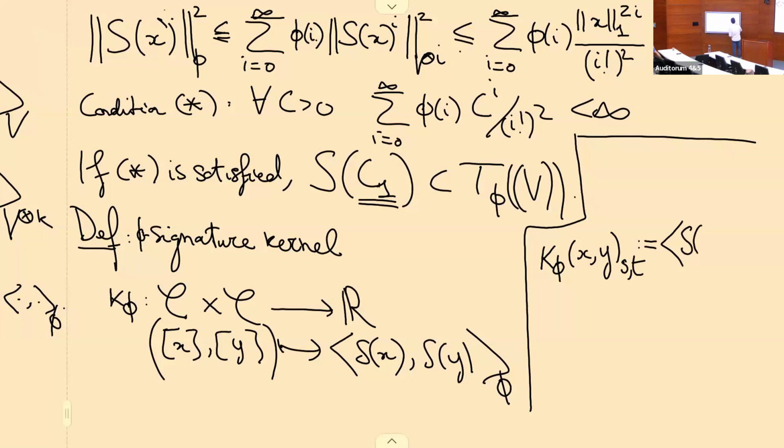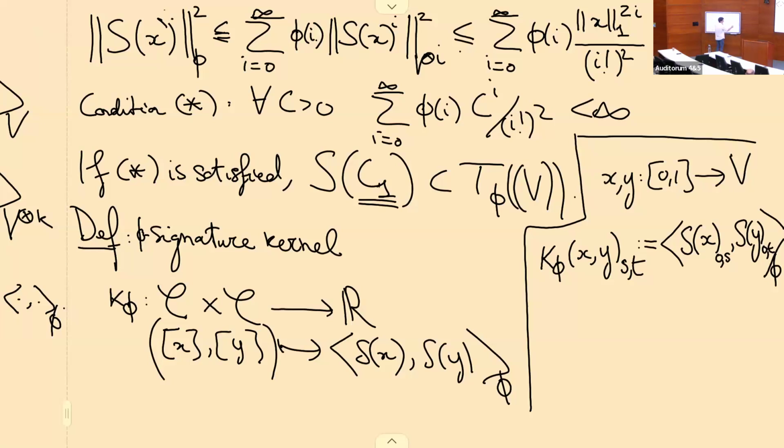Suppose x and y are paths from 0, 1 to V. Then this is the signature of x between 0 and s, signature of y between 0 and t, inner product in T phi of V. If there are no indices, it means it is really on equivalence classes without taking care of the interval.